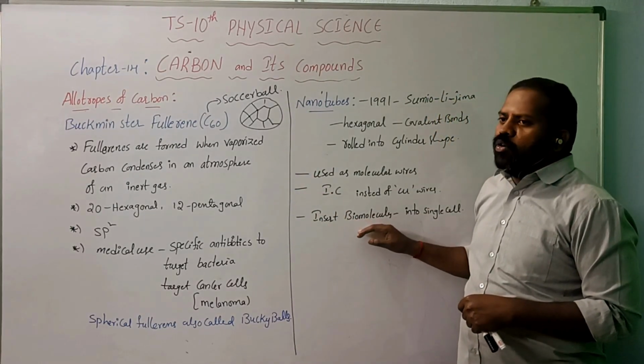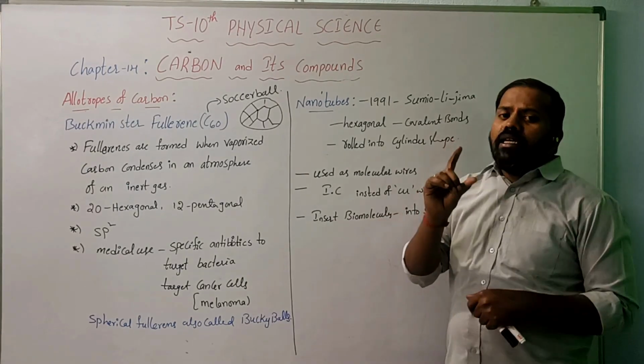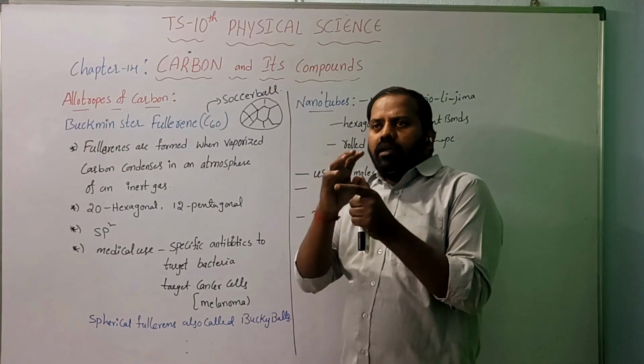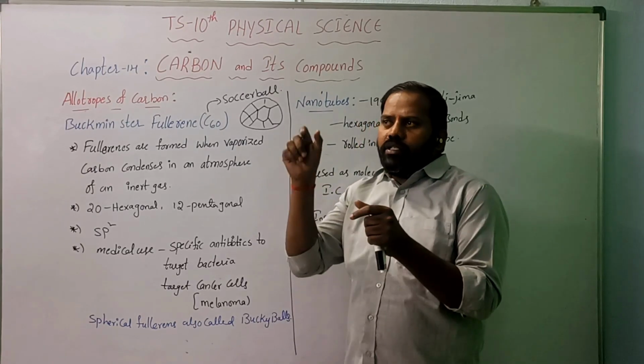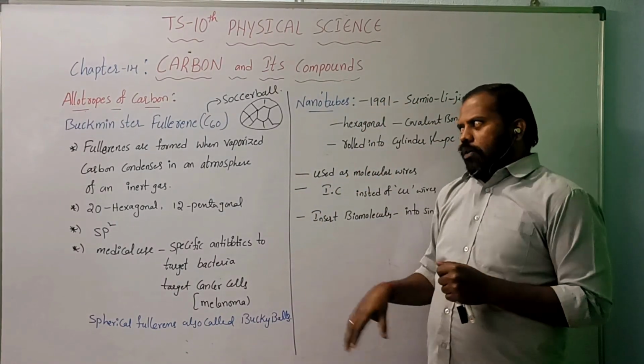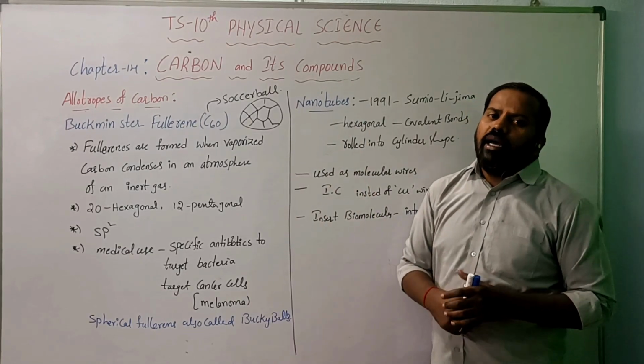They can also insert biomolecules into a targeted single cell. Only a particular single cell is attacked, where I have to give the treatment. So first we send the nanotube, then we inject the biomolecules. So this is the use of nanotubes.